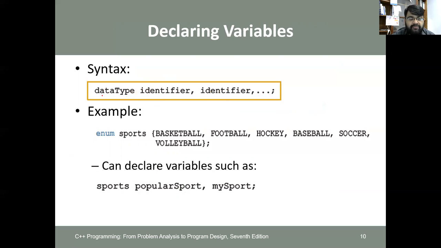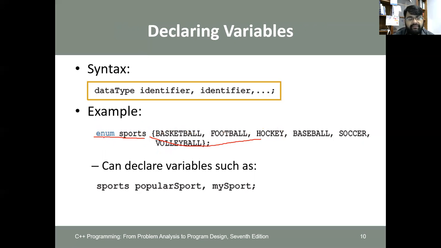In that case, int is the data type, a is the identifier, b is the identifier. Similarly, if you want to declare variables using enum, that's very simple. You first declare an enum. For example, in this case, we declare enum sports. Then we have basketball, football, hockey, baseball, soccer, volleyball, etc. And these are the values that can be held for each sport.